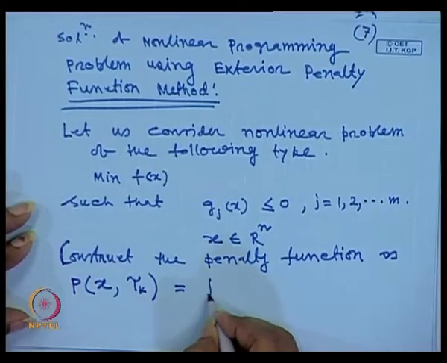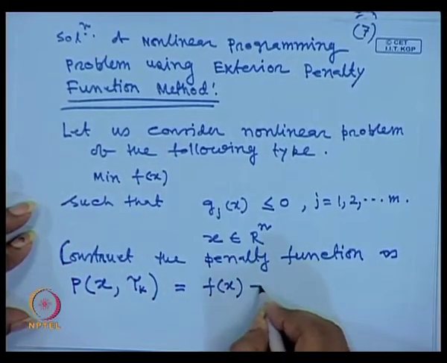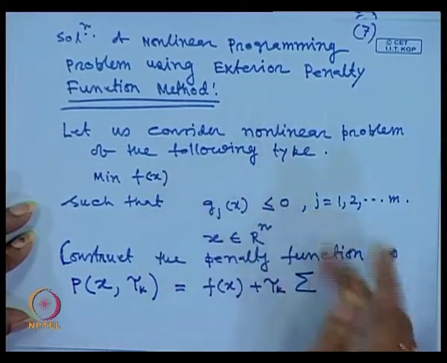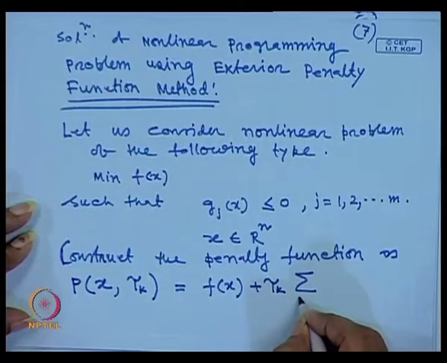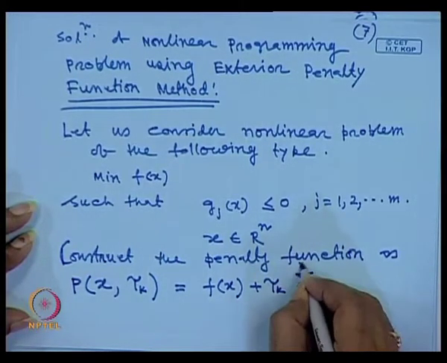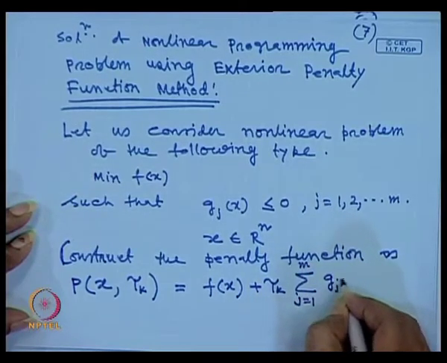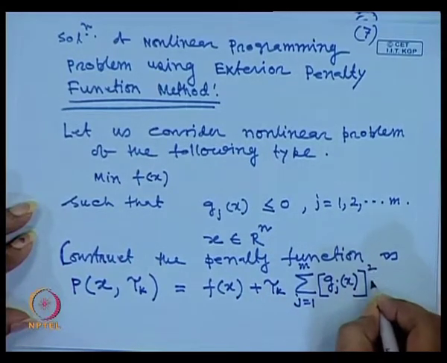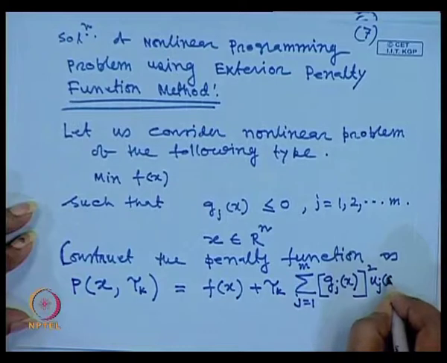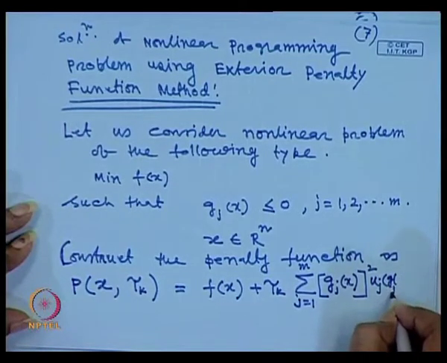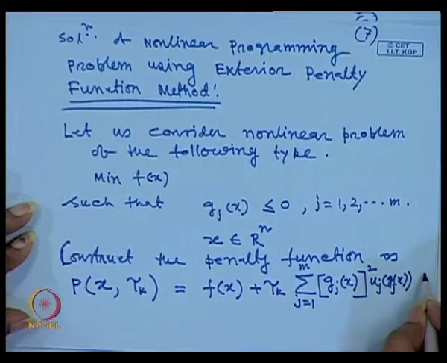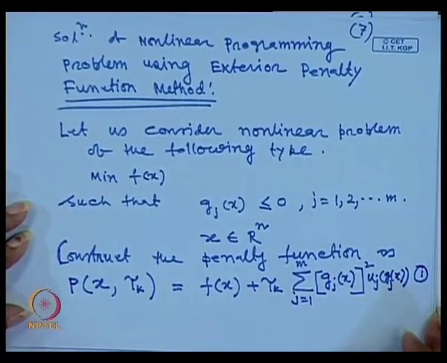That is equal to f of x plus tau k times the summation over all inequality constraints, j equal to 1 to m, of u j of g j of x times g j of x whole square, and the bracket closed. This is equation number 1.